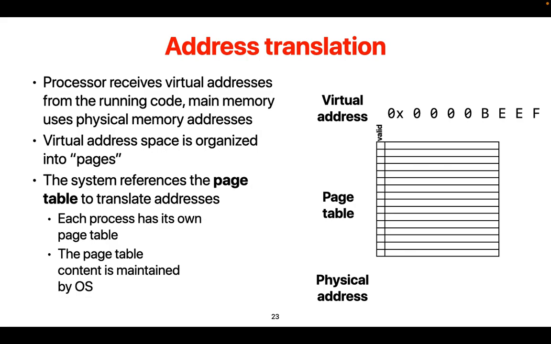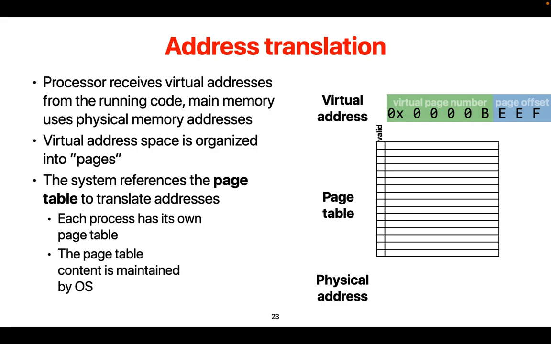Now, okay, so how do we translate the address? We say we have a page table, so let's start with a naive page table. Since we have virtual addresses that we need to map to physical addresses, the basic idea is that I partition the virtual address into a page number and a page offset. The page offset, again similar to the idea in a cache, is the location of your data within a page. So everyone within the page has the same prefix, and that common prefix is called the virtual page number.